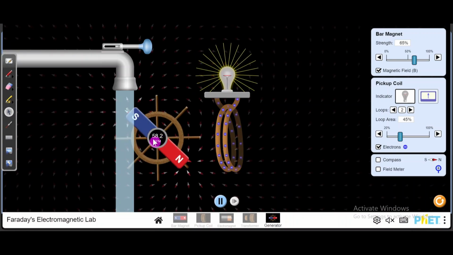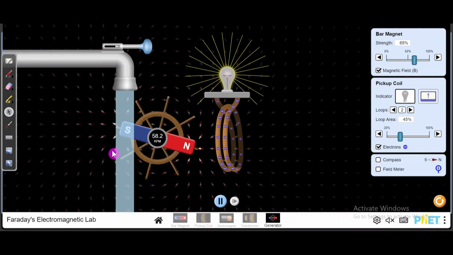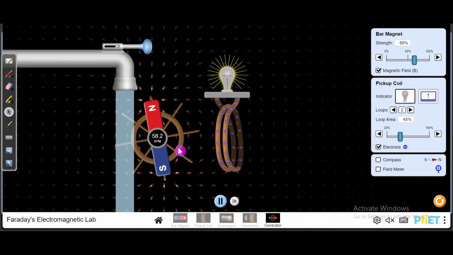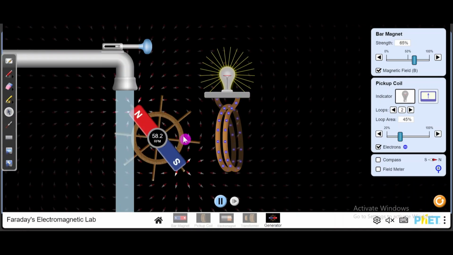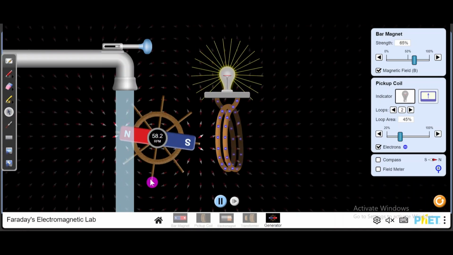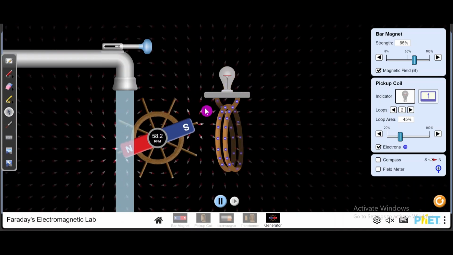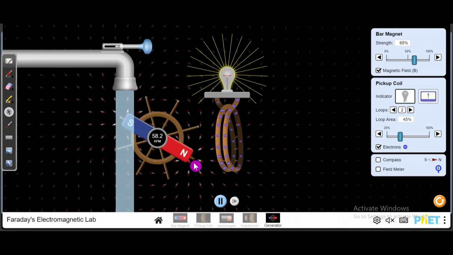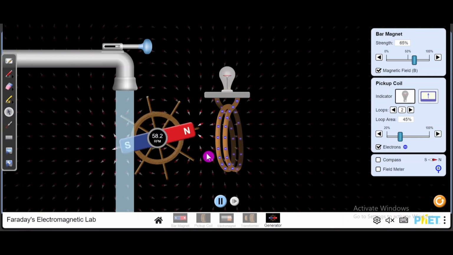and if this turbine is rotating, the magnet is also rotating, and due to the rotation of this magnet, the change in the direction of the magnetic field will occur. According to Faraday's law of electromagnetic induction, the change in magnetic field will induce an electric field.